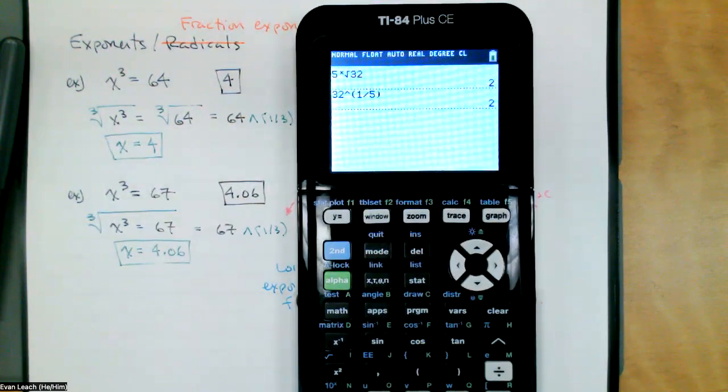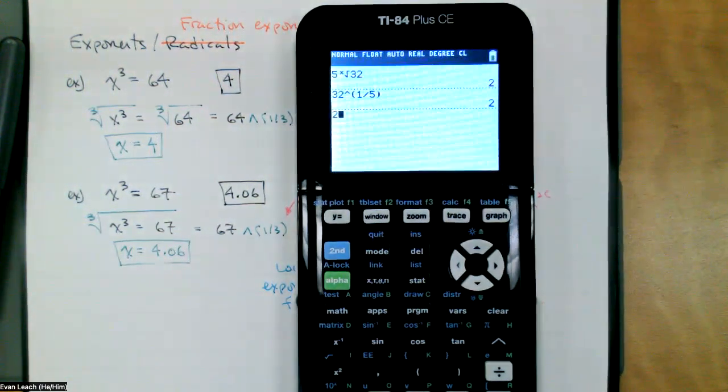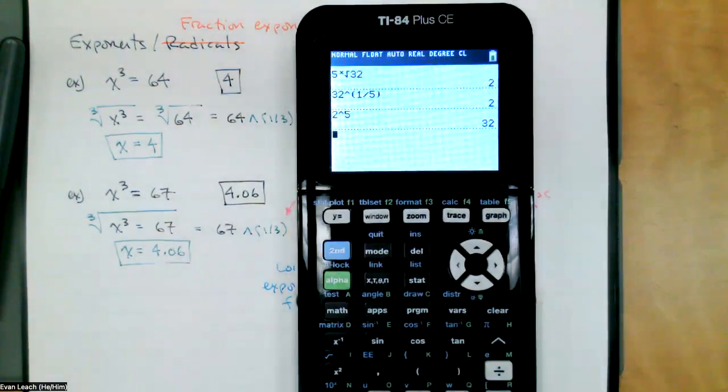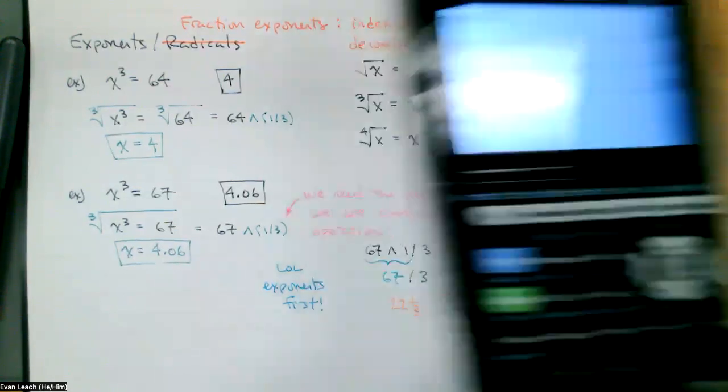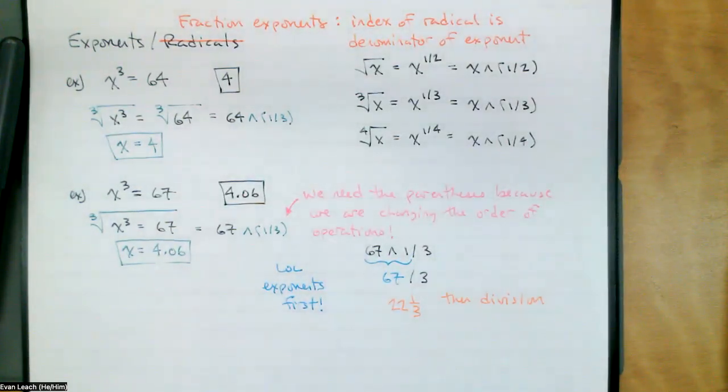A fifth root is a 1/5 power. And this is all because 2 to the 5th is 32. So notice that the inverse of exponents is fraction exponents, which is just another exponent. This is why it makes sense.